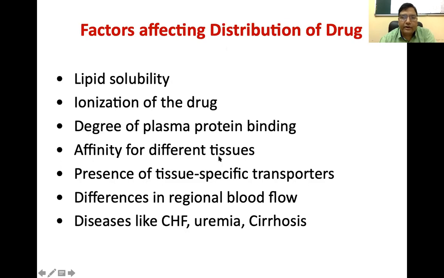Then affinity for different tissues, and the presence of tissue specific transporters: the more there are, the more the distribution. Then differences in regional blood flow: the more perfused the organ, the more distribution of the drug. Then diseases such as CHF, uremia, cirrhosis are going to vary the plasma protein binding, and thereby the distribution of the drug.